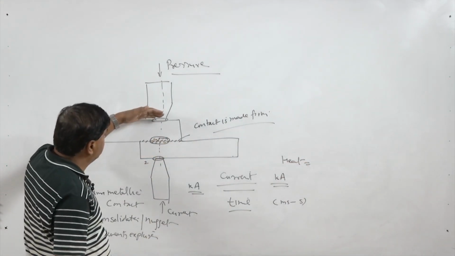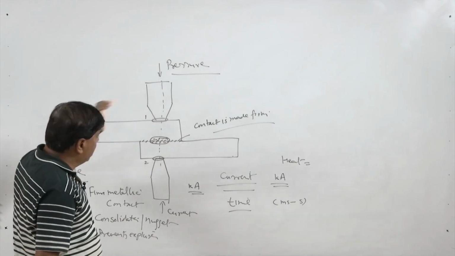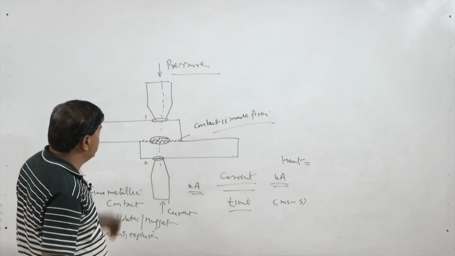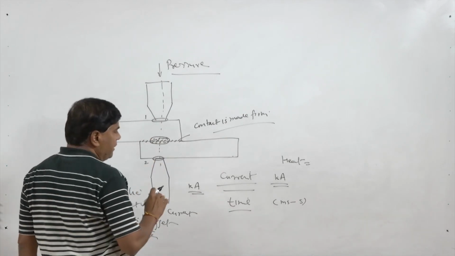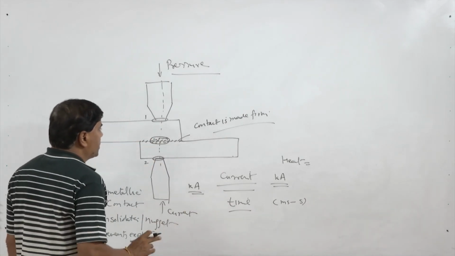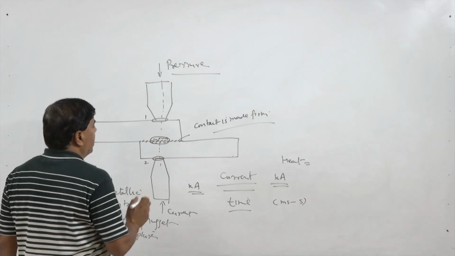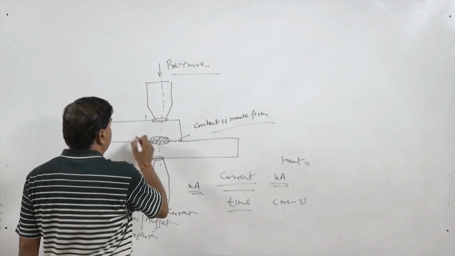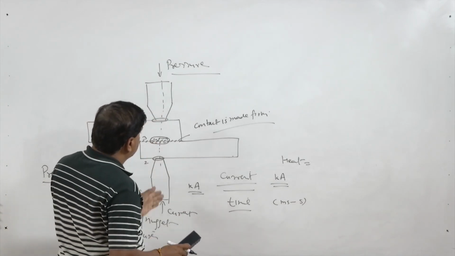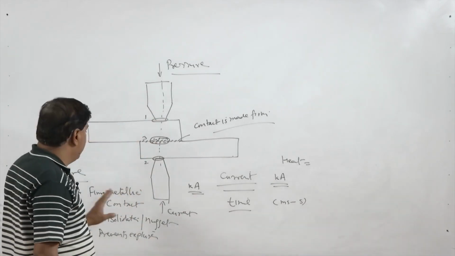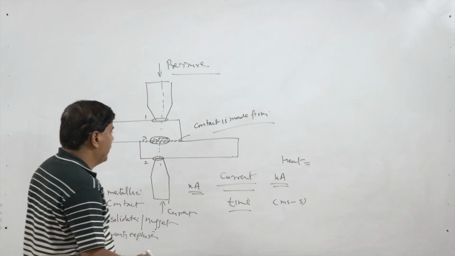Heat will be generated at the contact between the electrode and workpiece also. So, at contact points 1, 2 and 3, heat will be generated at all these three locations due to the contact resistance, but the maximum contact resistance is observed at location 3. So, it will generate maximum heat under identical conditions of pressure and current flowing.